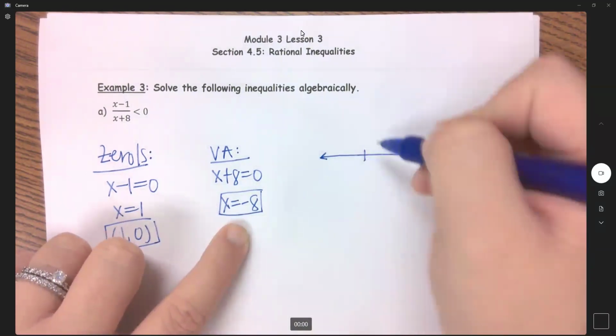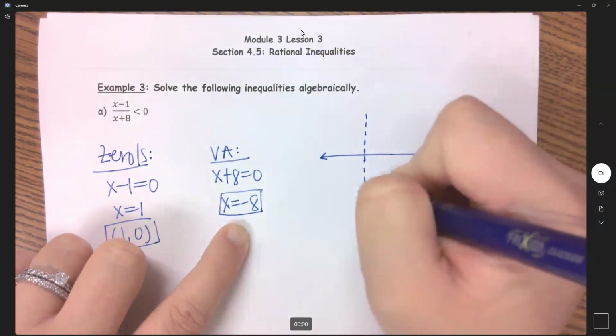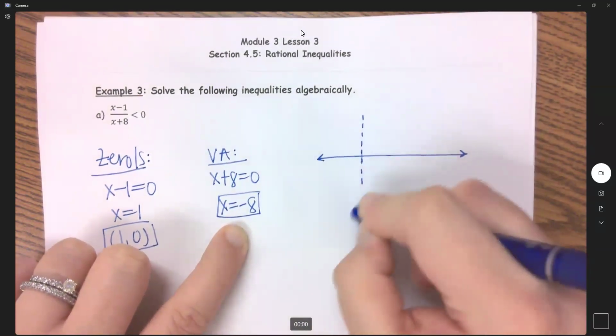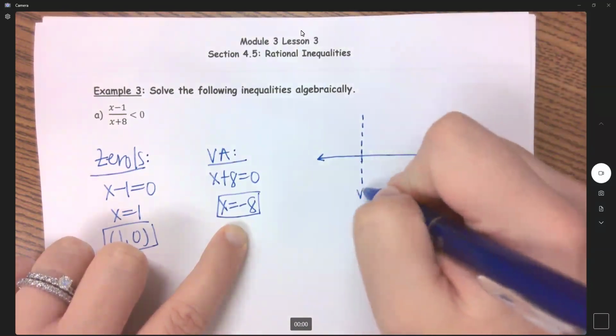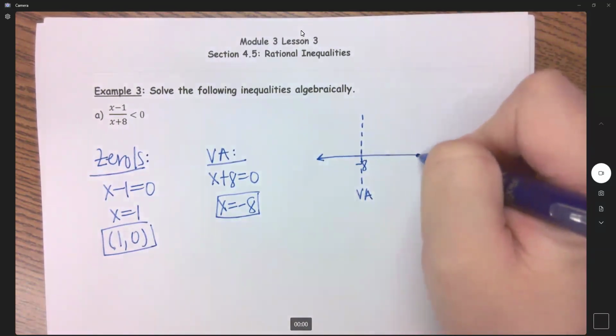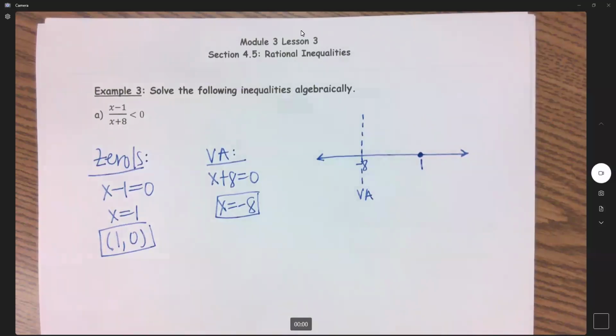Here at -8, we have a vertical asymptote. And then over here at 1, we have an x-intercept. So let's get out our calculator.